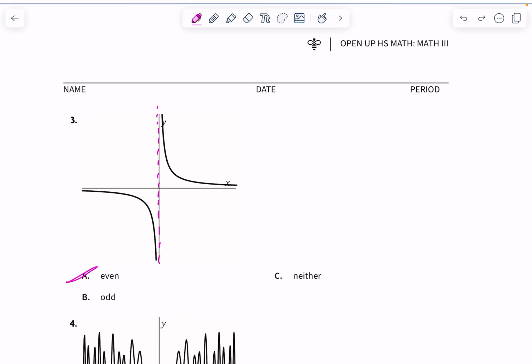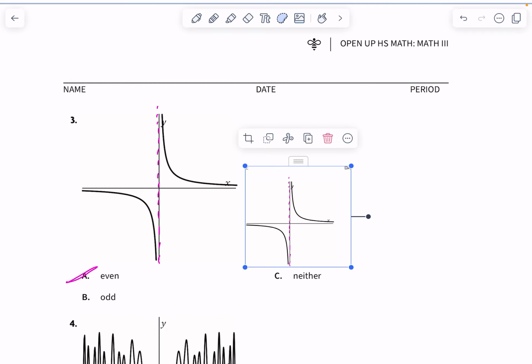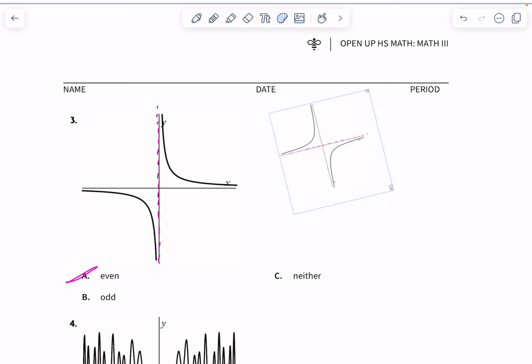Let's think about if I were to rotate this 180 degrees. So this is 90, this is 180, and boom. These two are the exact same. This is a 180 degree rotation. So this right here is an odd function.